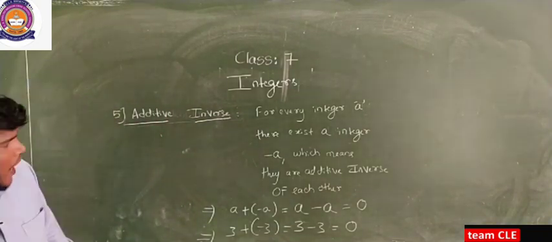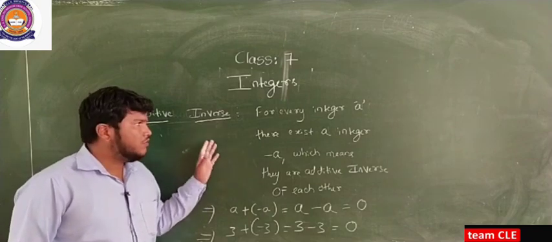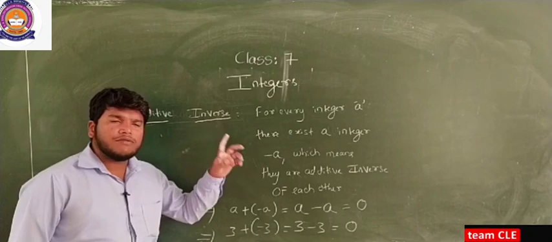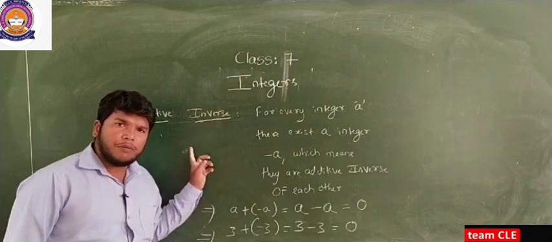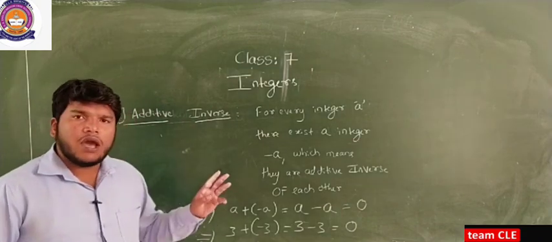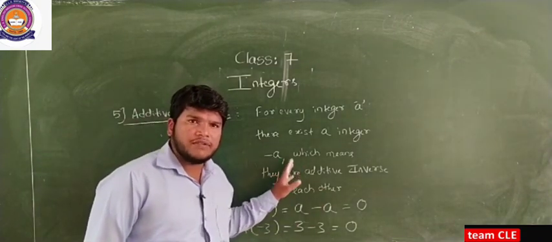So all of you have to note down the properties of subtraction. In this video you have learned the properties of subtraction. First you have learned the closure property, second the commutative property, and third the associative property, and you have verified them with equations and some examples.